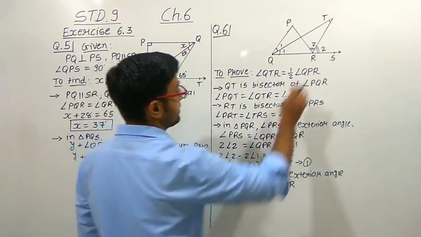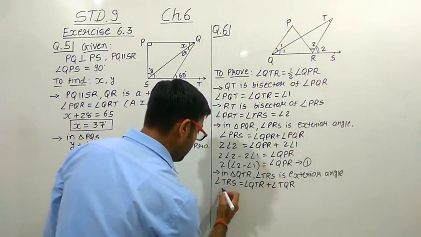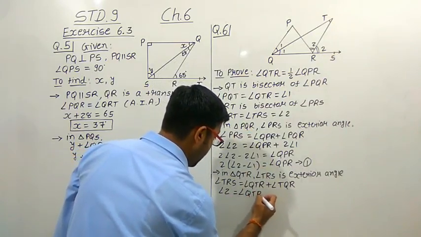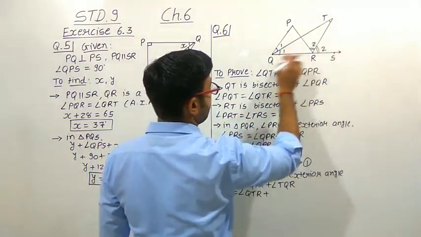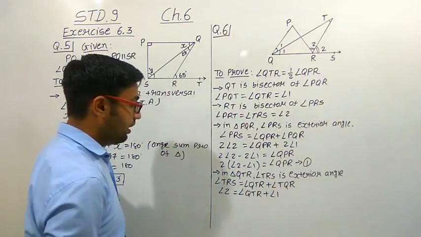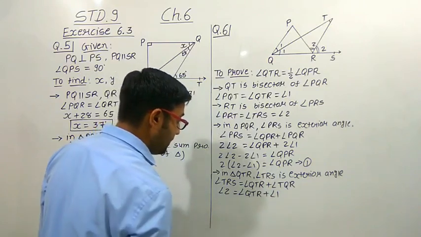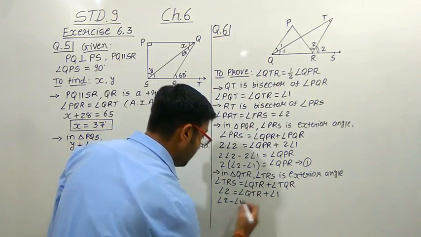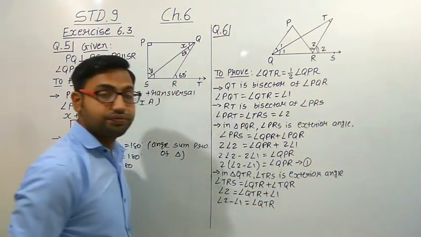Now what is TRS? This angle is angle number 2. QTR we take as it is, and TQR is angle number 1. Okay, so now when we take angle 1 to the left hand side, angle 2 minus angle 1 will become equal to angle QTR.